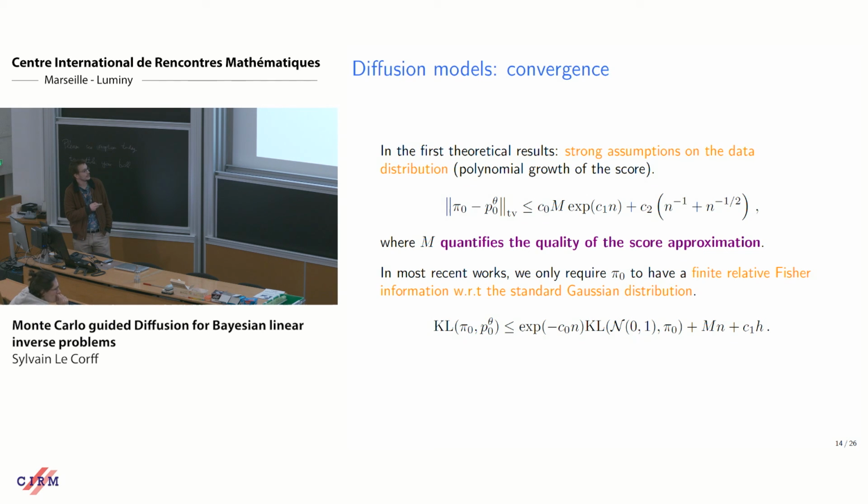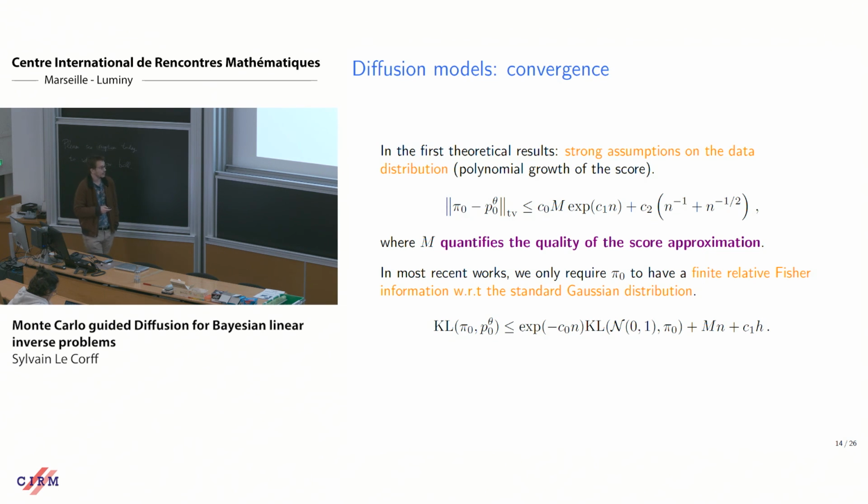And other quantities which depend on n, which is the total number of time steps you use. As you can see, you've got this term which you can control easily, and this term which is explosive. It's explosive because of the assumptions on the score, which is assumed to grow polynomially. Yes, this is what I wrote. And this comes simply from the application of Gronwall's lemma to control the moments of your Euler discretization.